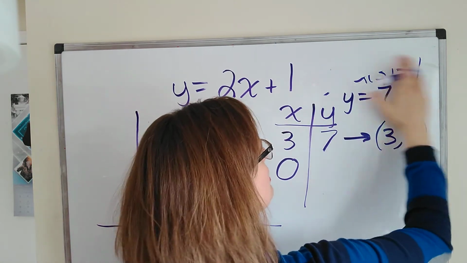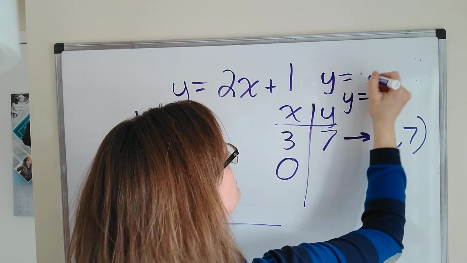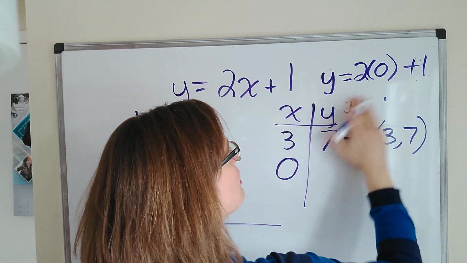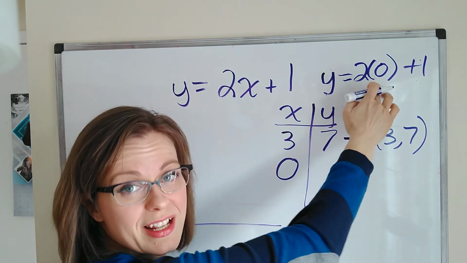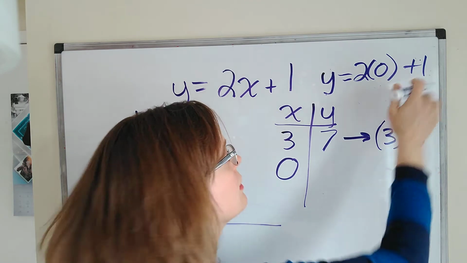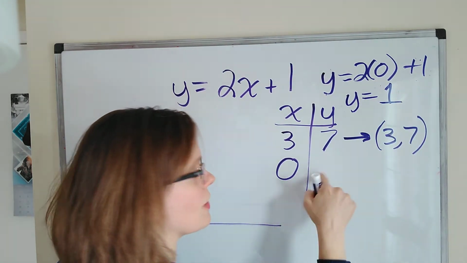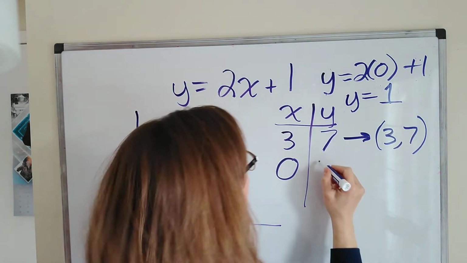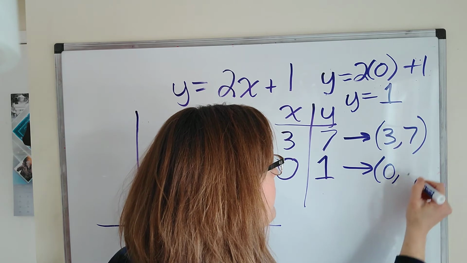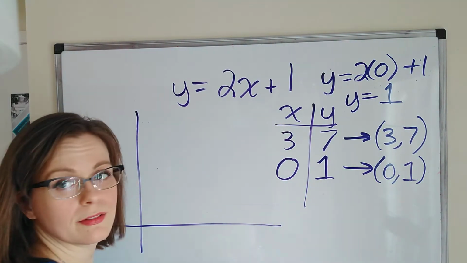Now we have y is equal to 2 times 0 plus 1. Well, 2 times 0 is just 0. Add 1 to it, that gives me 1. So y is equal to 1. I'll fill that in my t-table, and that gives me the ordered pair 0, 1.